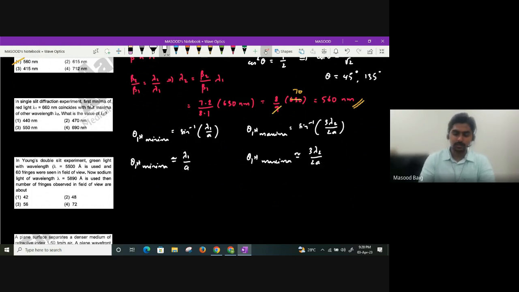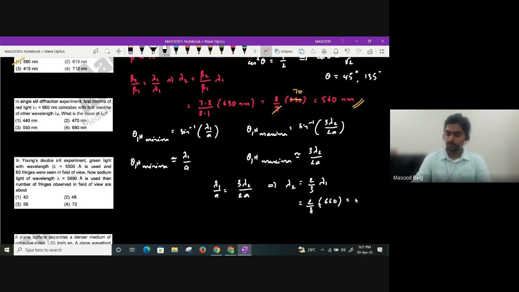They are saying first minima coincides with first maxima, so at the same location they are formed. So lambda 1 by a will be equal to 3 lambda 2 divided by 2a. So lambda 2 will be 2 by 3 times lambda 1, which is 2 by 3 times 660, you will get 440 nanometer.